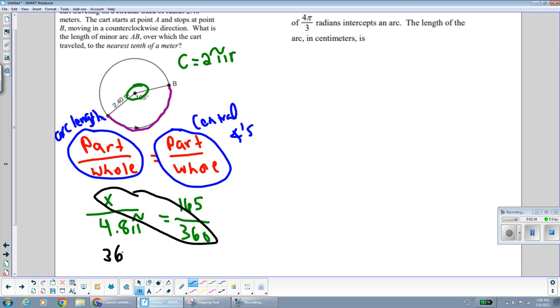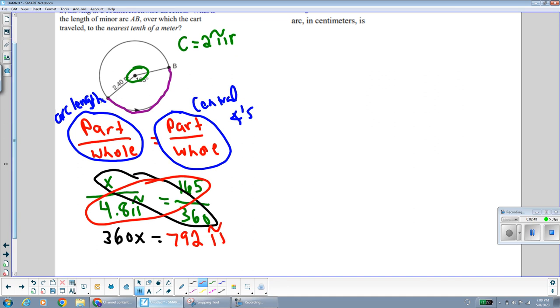All we need to do is cross multiply. And let's multiply the other way. 4.8 times 165. That's 792 pi. Now using my calculator, I'm just going to divide both sides by 360. So in my calculator, I'm going to use my graphing calculator, and I'm going to get my fraction button, and I'm going to type in 792 divided by 360.